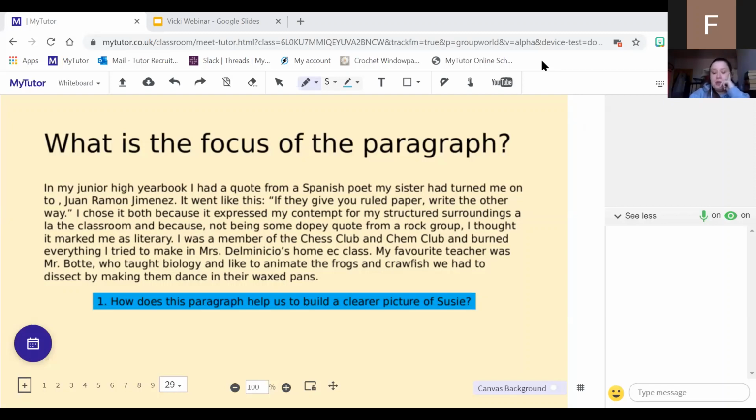Yeah, you can if you want to, but don't feel limited, you can go off and do more detailed analysis. So what's the focus of this paragraph then? Give you 30 seconds to come up with some ideas.